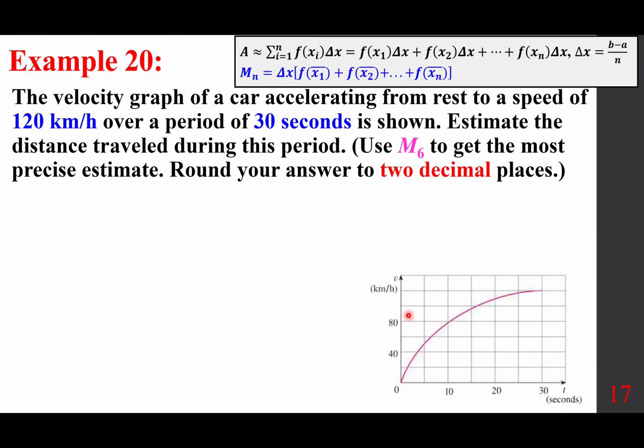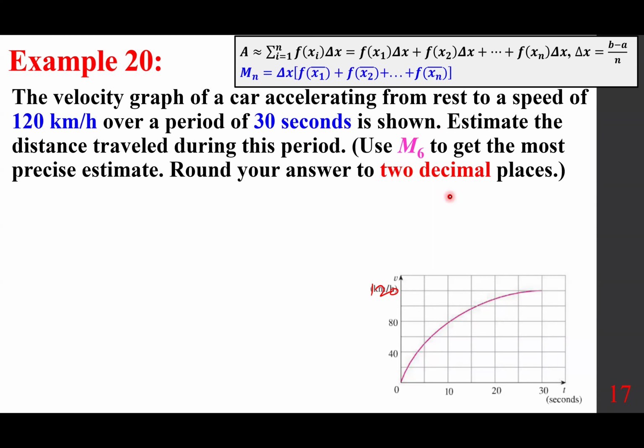This is 40, 80, this is clearly 120. Estimate the distance traveled during this period. Use M sub 6, the midpoint 6, to get the most precise estimate, and round it to 2 decimals.